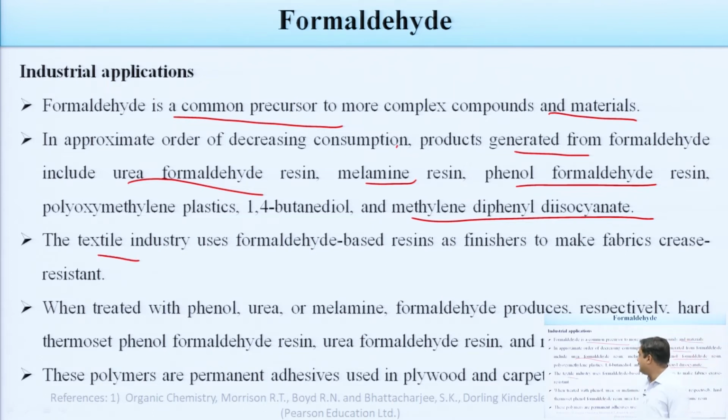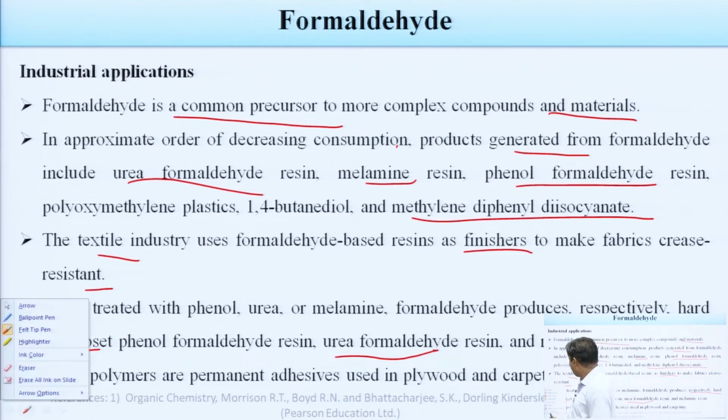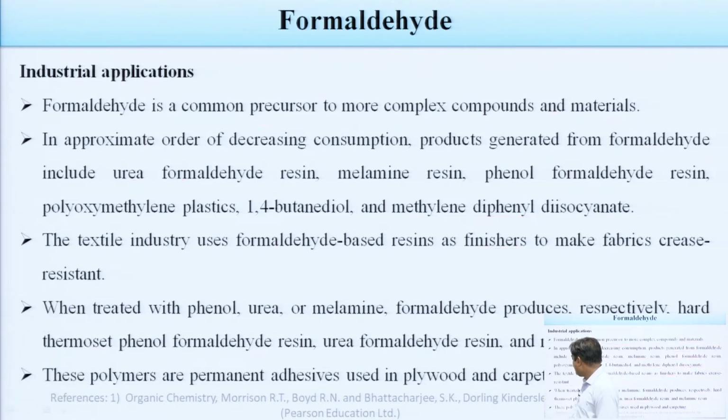The textile industry uses formaldehyde based resin as a finisher to make fabrics grease resistant. When treated with phenol, urea or melamine, formaldehyde produces respectively hard thermoset phenol formaldehyde resin, urea formaldehyde resin and melamine resins. These polymers are permanent adhesives used in plywood and carpentry. So, very important molecules are prepared by the use of formaldehyde.